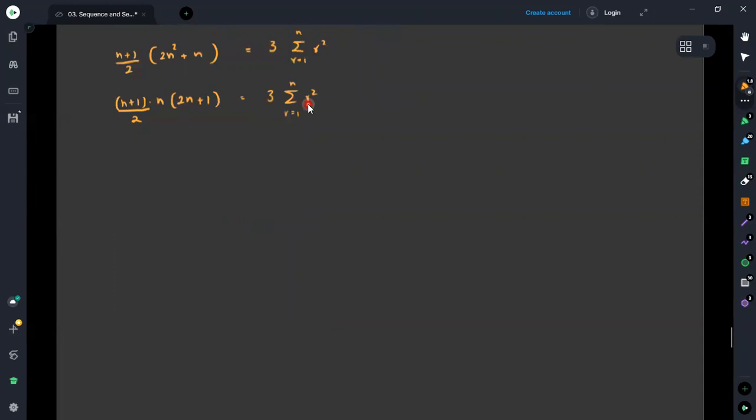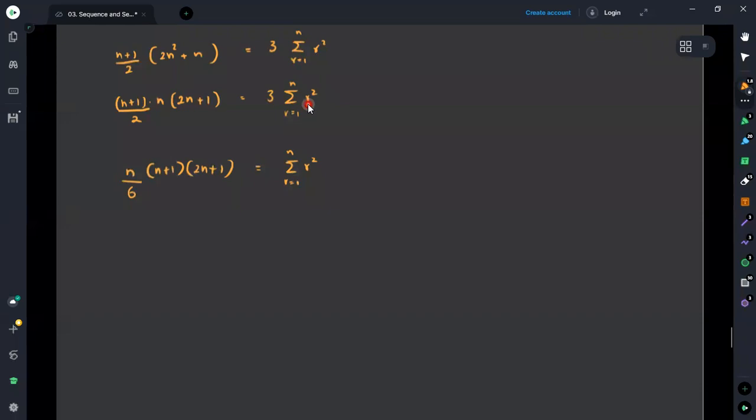Then dividing both sides by 3 leads to the summation of r squared, where r goes from 1 to n, equals n, then since we are dividing both sides by 3, this will become 6, then n plus 1 and 2n plus 1. Therefore, this was the quantity that we needed to obtain.